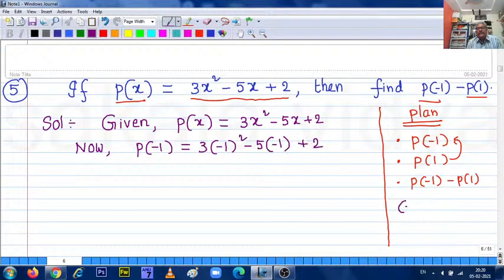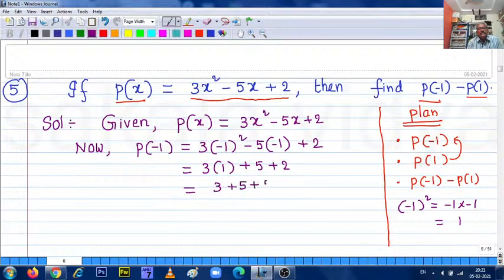Minus 1 square means minus 1 into minus 1, so you get plus 1. So that is 3 into 1 minus 5 into minus 1 plus 5 plus 2. So we have 3 plus 5 plus 2, that is 3 plus 5 is 8, plus 2 is 10. That is p of minus 1. Right? Very good, very good.